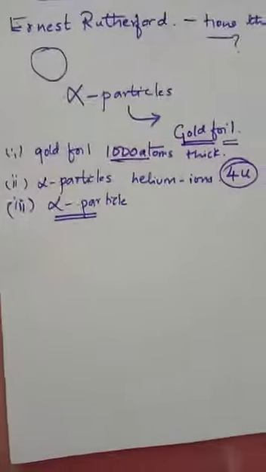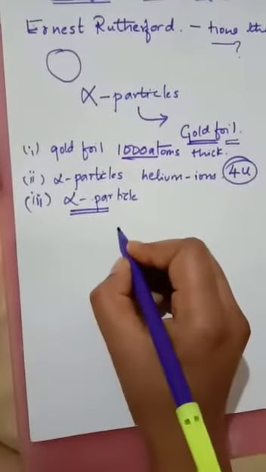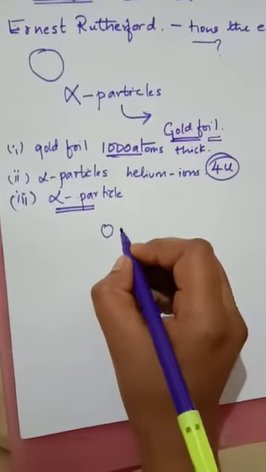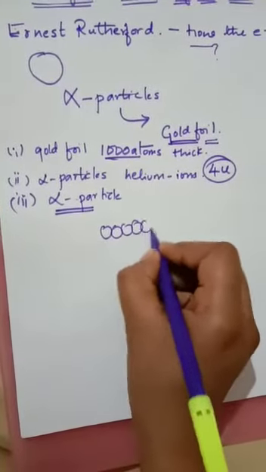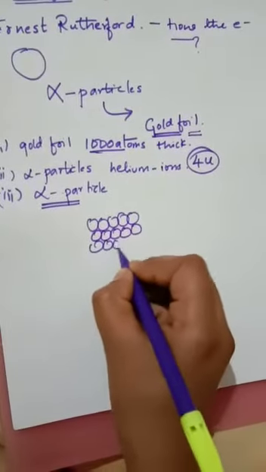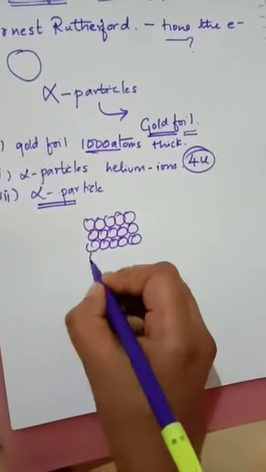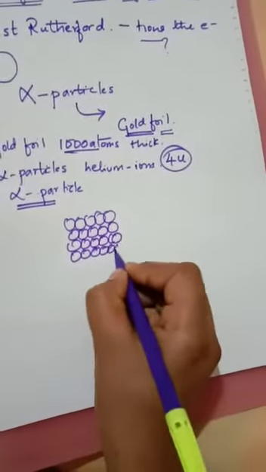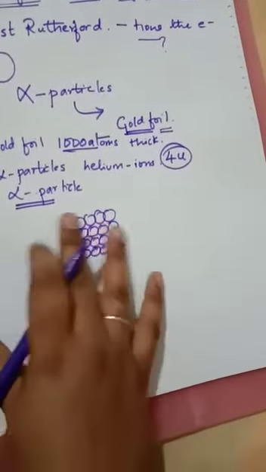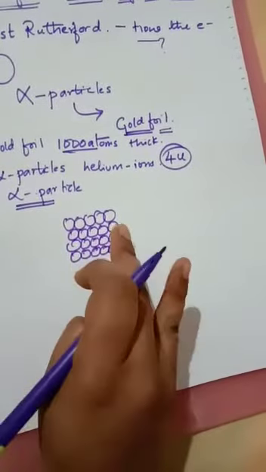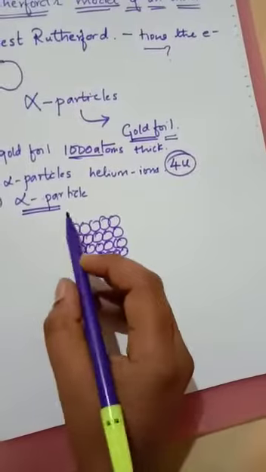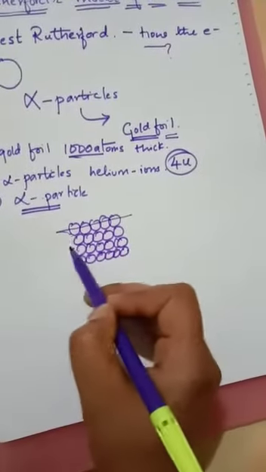Okay. So here you can see in figure 4.2 the scattering of alpha particles by a gold foil. If this is the structure of atoms arranged in a gold foil, here is how the scattering of alpha particles takes place. It might occur like this also.